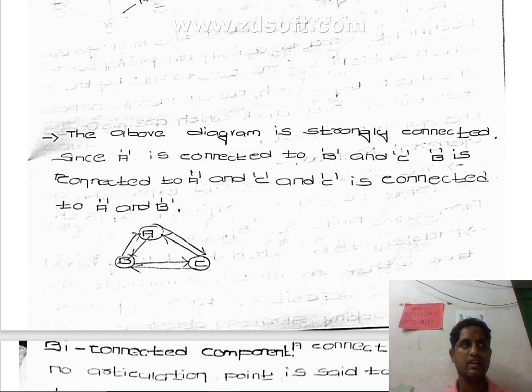That is called a strongly connected component. A is connected to B and C, B is connected to A and C, C is connected to A and B.